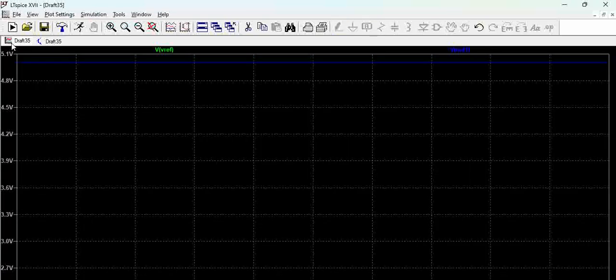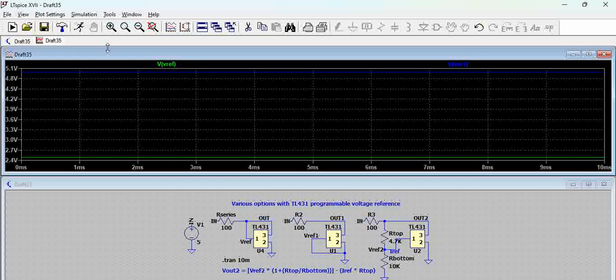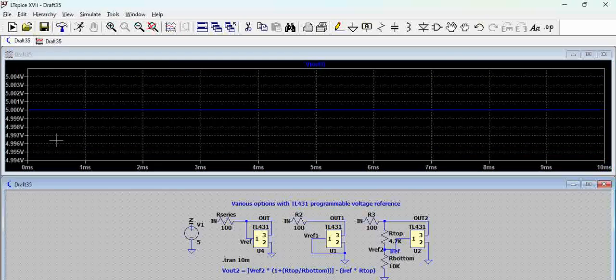As we probe, let us tile the windows. The blue waveform is exactly 5 volts. There will be some variation definitely because of this resistor. So that is the second circuit.